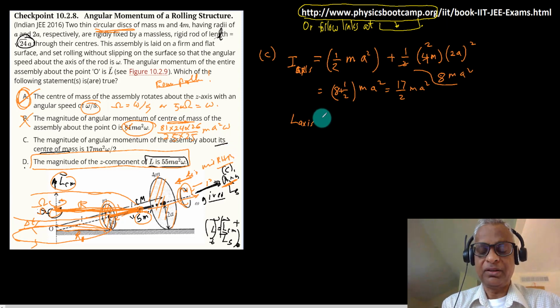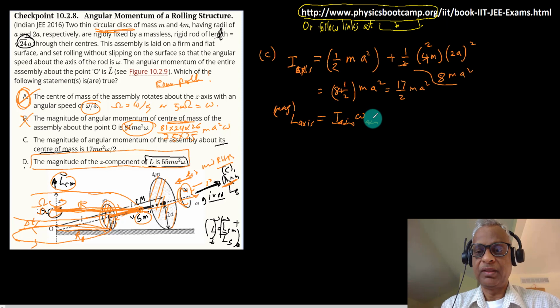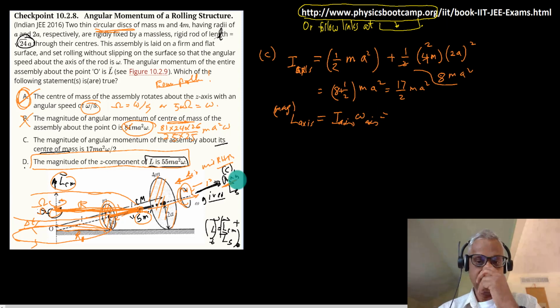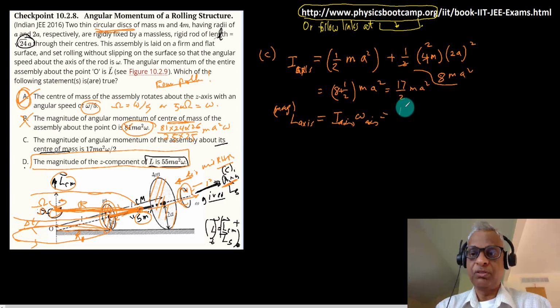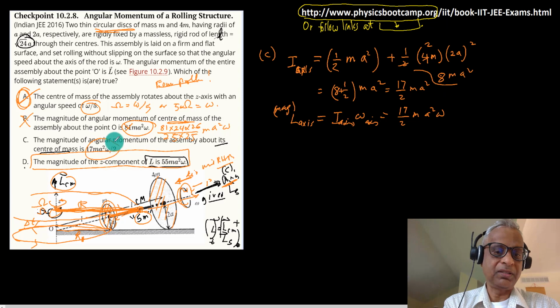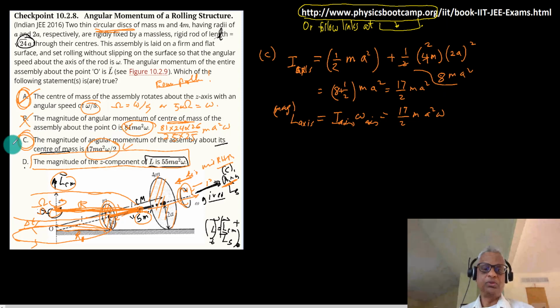So I axis and omega, so 17 over 2 m a square omega, and sure enough, this is correct. Okay, now we'll do D.